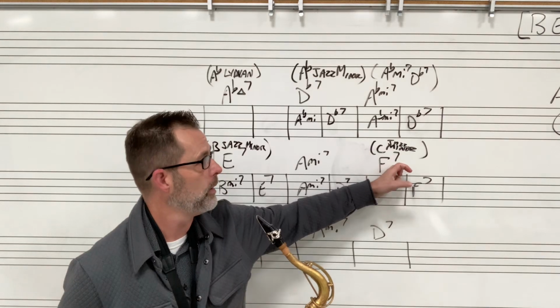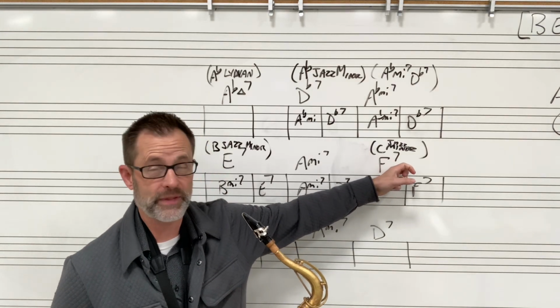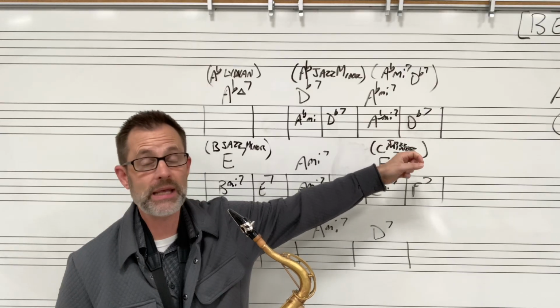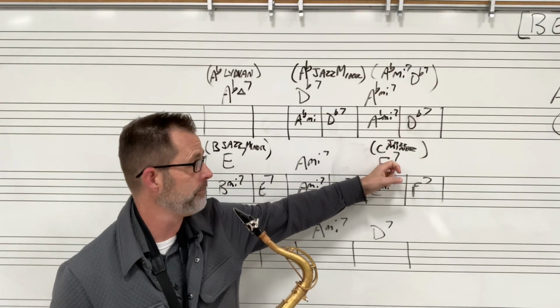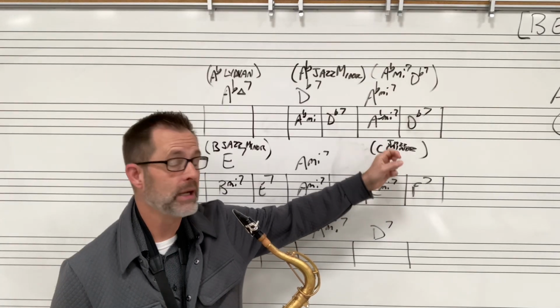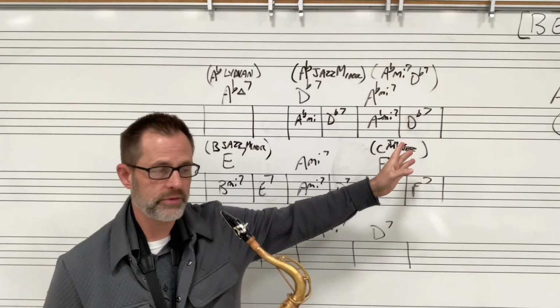Notice what I did here. I did one of these arpeggios with a major 7, so C, E flat, G, B, D, and then I did the other one with a B flat, C, E flat, G, B flat, D.